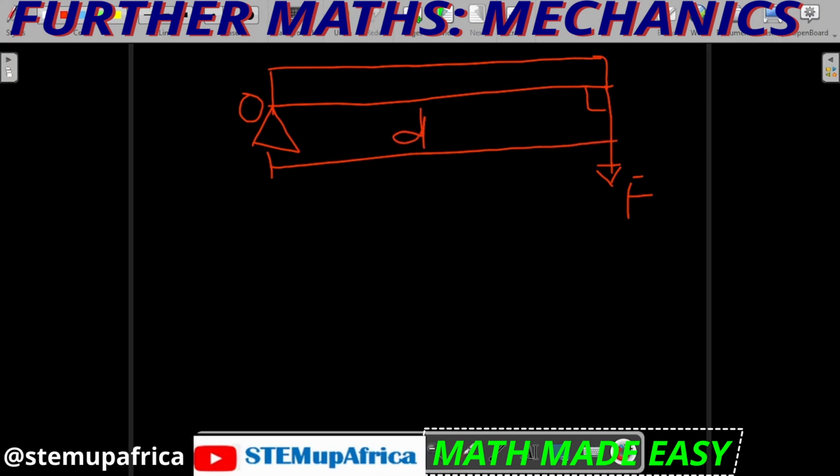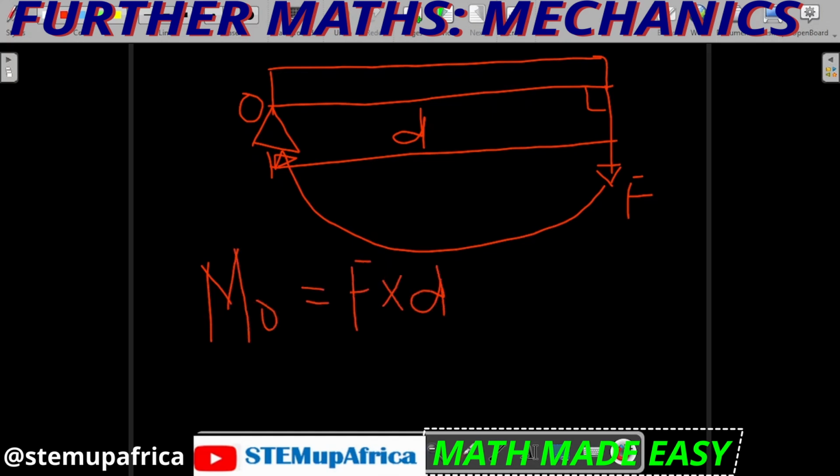The moment is the product of force and distance. That is what we call moments. Therefore, the moment at O will give us F times D, which is FD. So this is the concept of looking for a moment of a force about a point. This time the point is point O. So with that in mind, let's tackle the question.